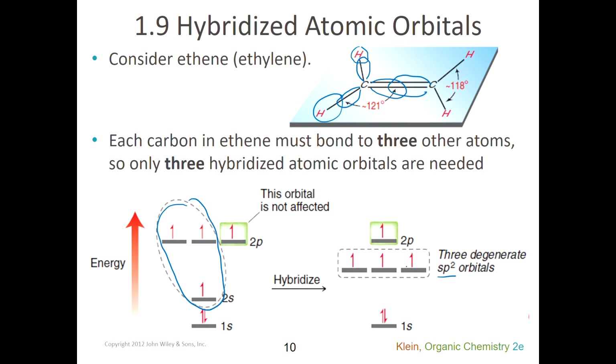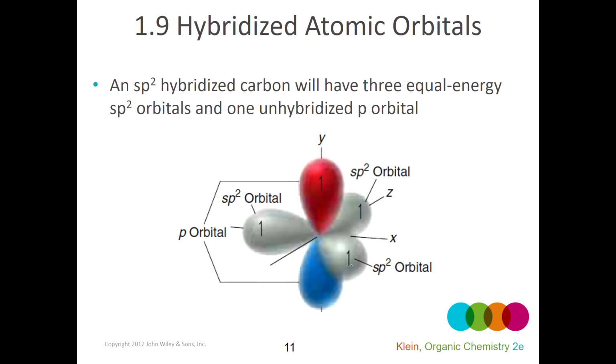So these orbitals are pretty stable. They each hold an electron. And then if I looked at that carbon atom and where the electrons are, again, the sp2 orbitals are at 120 degree angles. They're all in the same plane as one another.